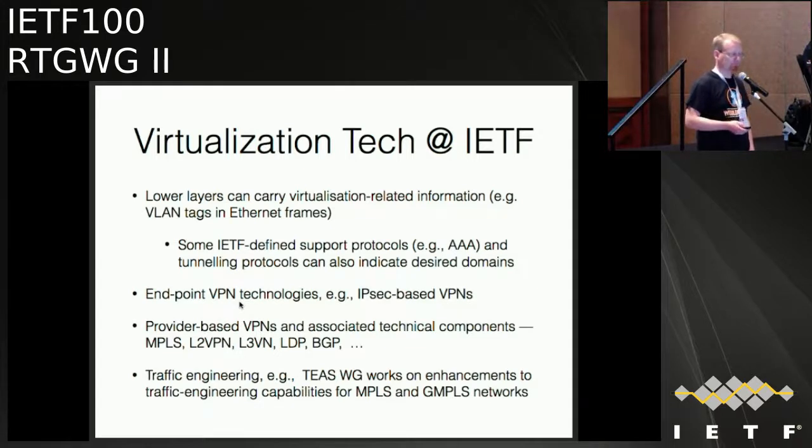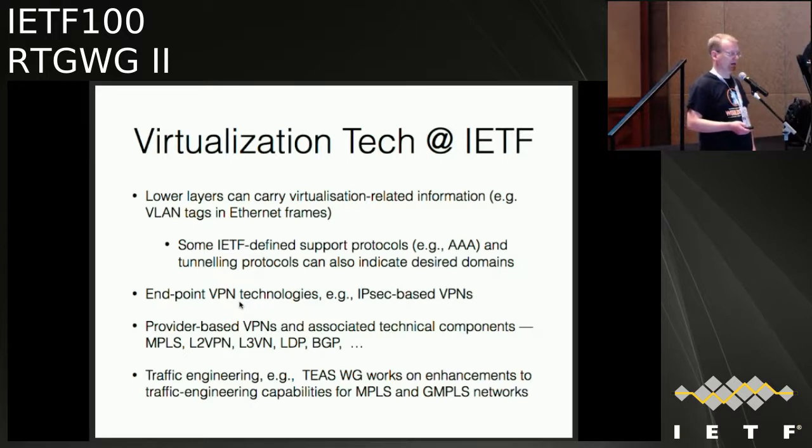Then we have endpoint VPN technologies, IPsec-based VPNs as an example. We have provider-based VPNs and associated technical components, the slots in the space. I probably should have added data center virtualization technologies to the slide; NVO3 is one working group in this space.